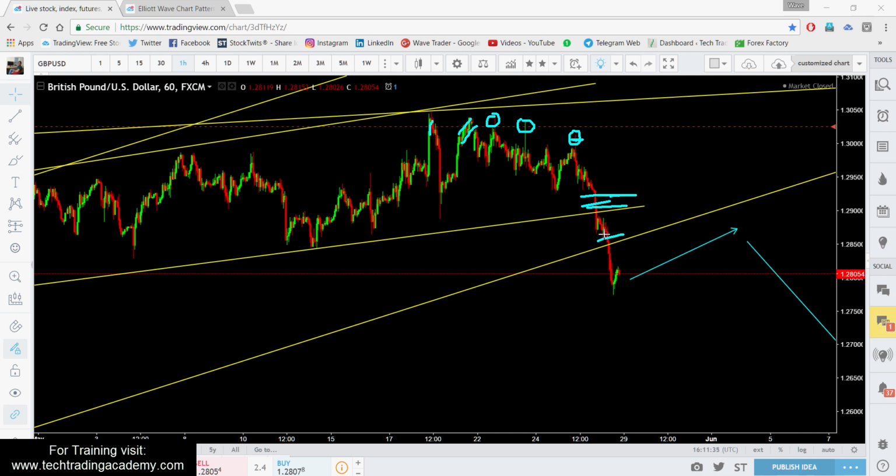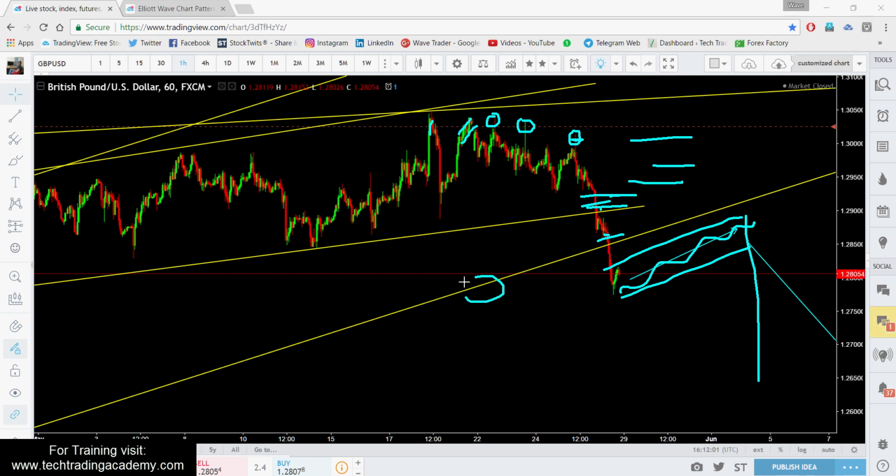Okay, if you sell here, first of all, where are you going to put your stop? That is the question. If you put your stop somewhere here, you may get a losing trade. So what we need to look for is a continuation formation at that area. Once we see that formation, it is going to give us continuation to the downside, and confirmation that price is not going to get back into this channel or this channel, or form a wedge, the wedge we have shown you.